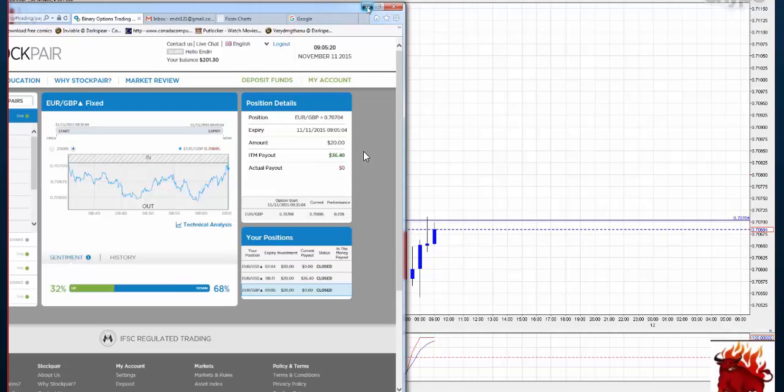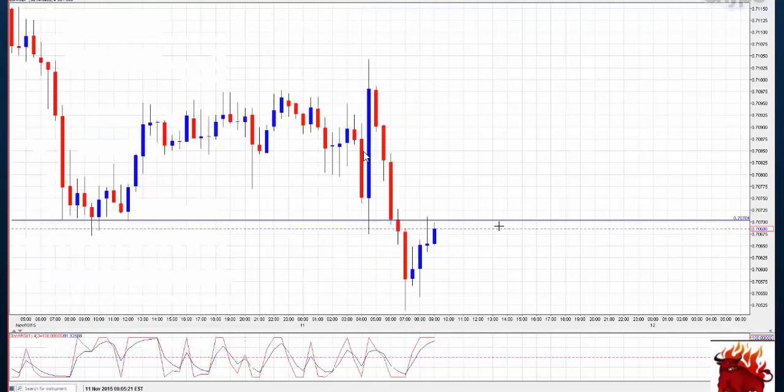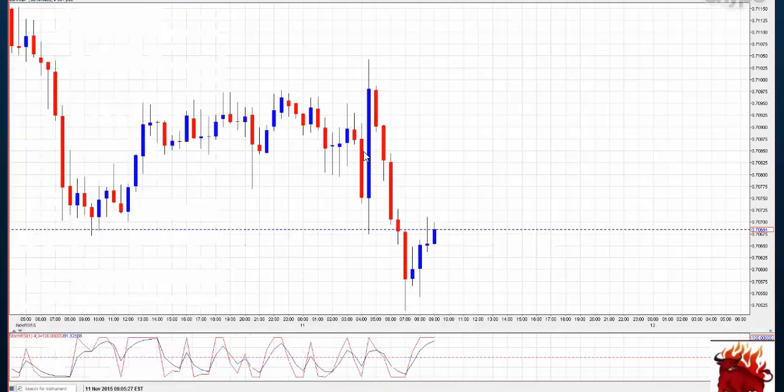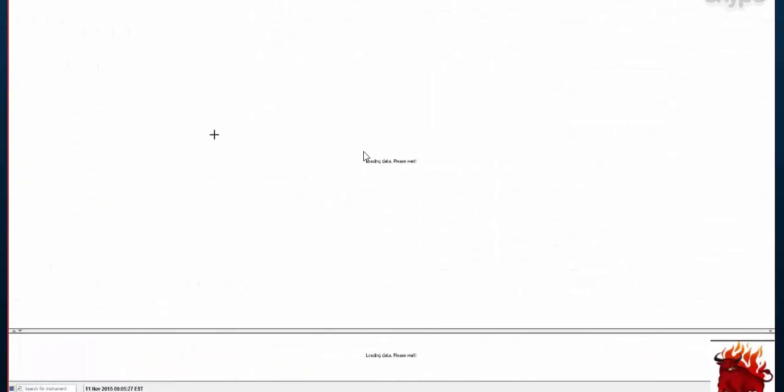A $4 loss is better than a $20 loss. Yeah, I agree, but the problem with this stock pair is that this is the minimum amount they can trade with. You need to get an account with RB options. Their minimum trade's $5.